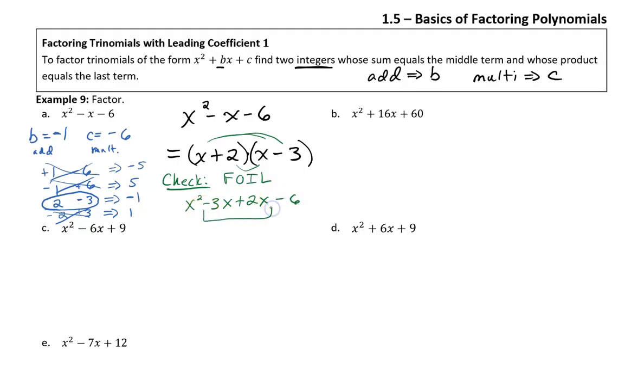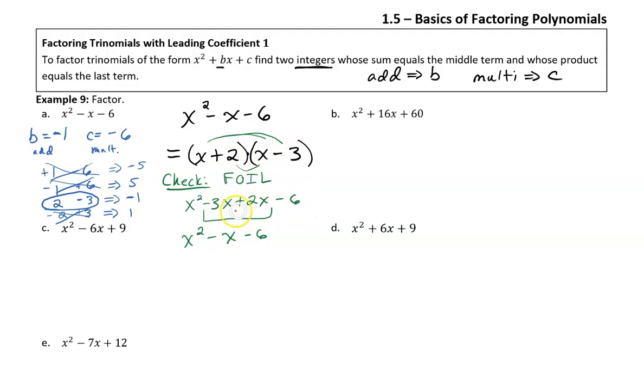So you can see where these rules kind of come from. If I need the middle term to add to be that b value, right? We need to match it up there. I have to make sure that whatever I multiply to get the last term, that addition will result in that b value. So that's why we've got to check: do they multiply to give me the last term?